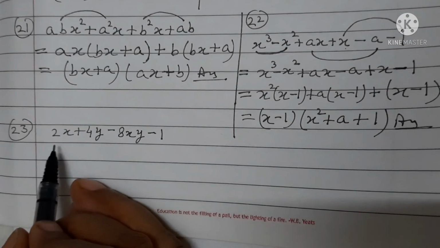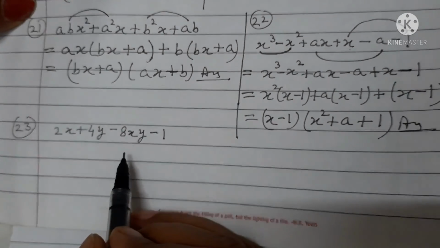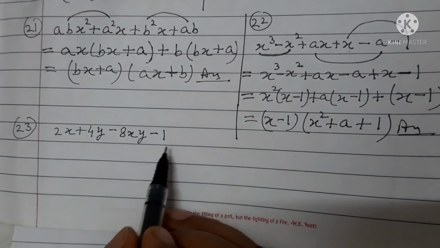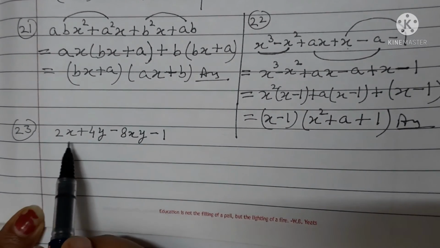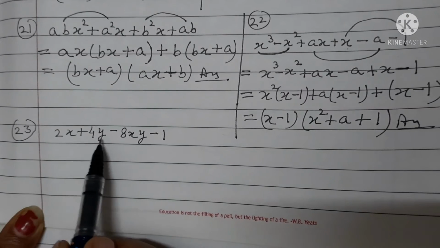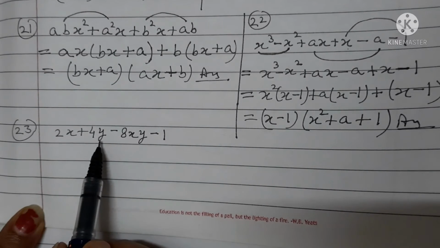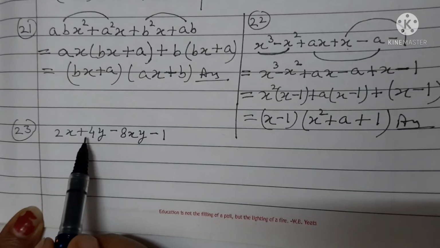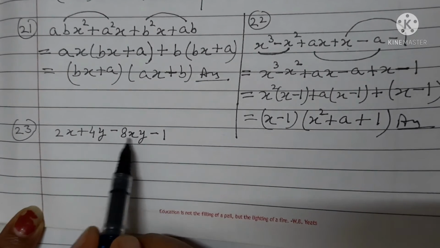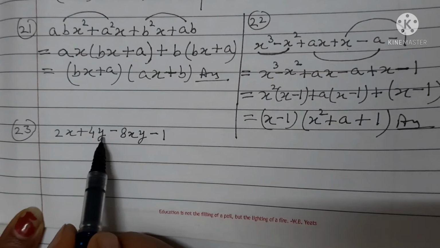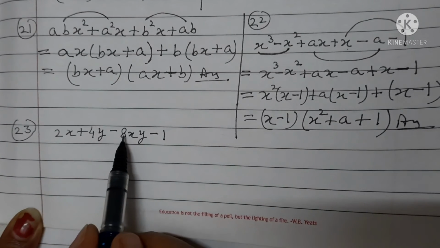Question number 23: 2x + 4y - 8xy - 1. Taking 2x and 4y together does not fit, because here you can only take the constant term common. So make a group of these two together: when you take 4 common, the 2 will remain.